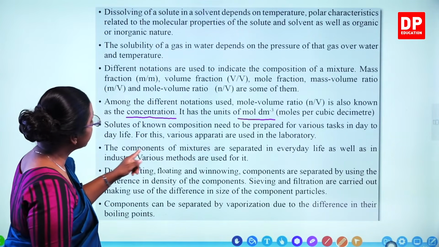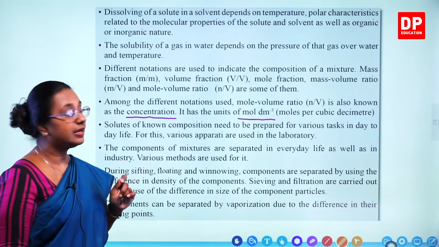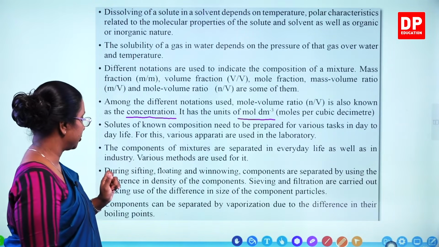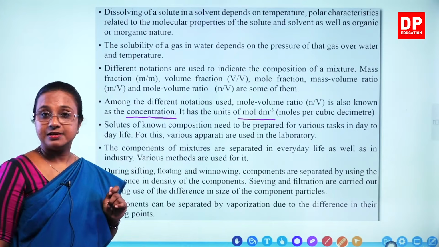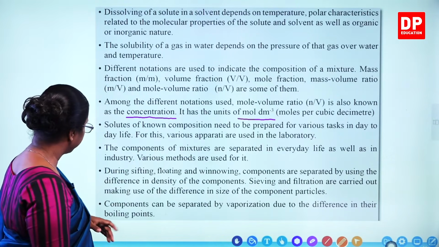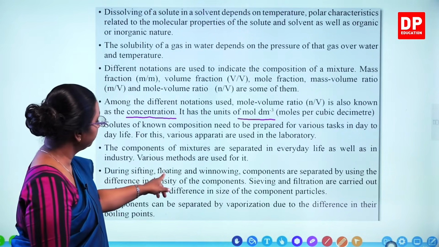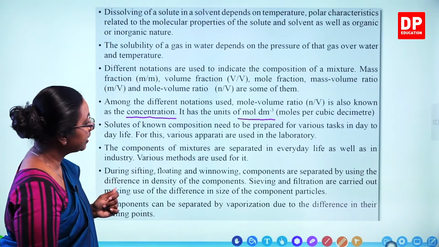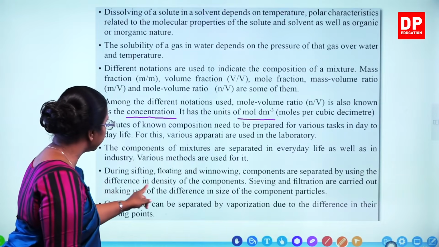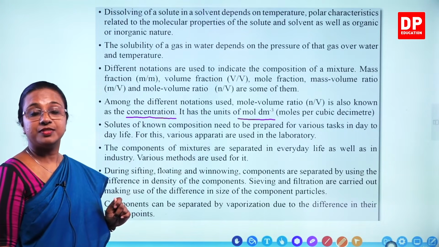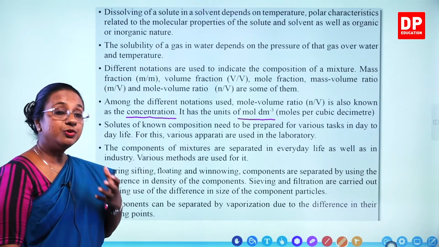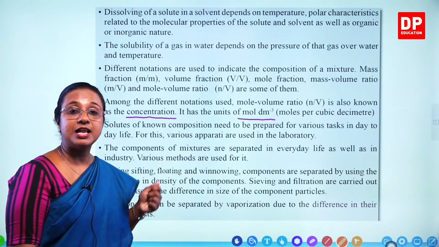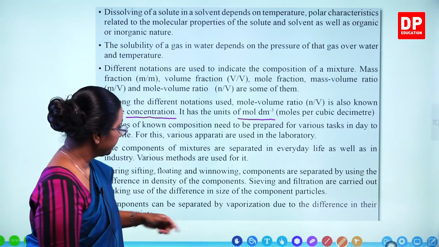The components of mixtures are separated in everyday life as well as in industry. Various methods are used for it. During sifting, floating and winnowing, components are separated by using the difference in density of the compound. You know that there are different physical properties that are utilized for separation.